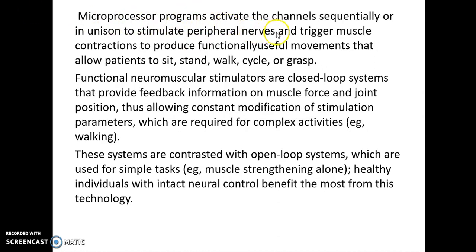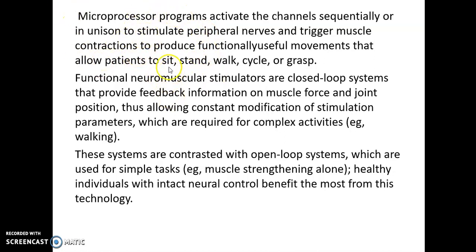Microprocessor programs activate the channels sequentially or in unison to stimulate peripheral nerves and trigger muscle contraction to produce functionally useful movements. So here, when you are using these programs, functional activity has to happen. So what are the functional activities which the patient may do?